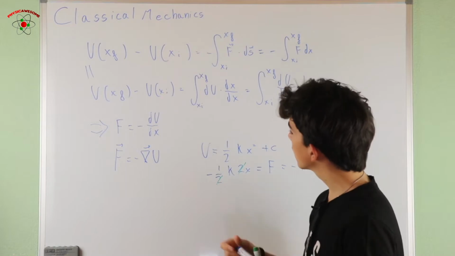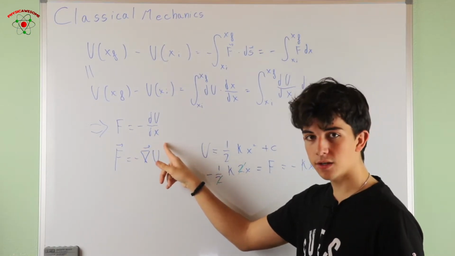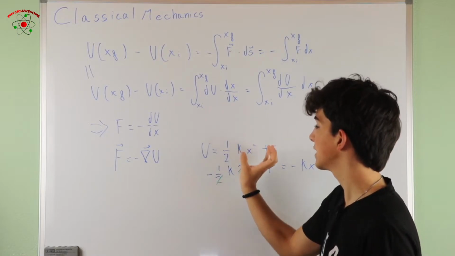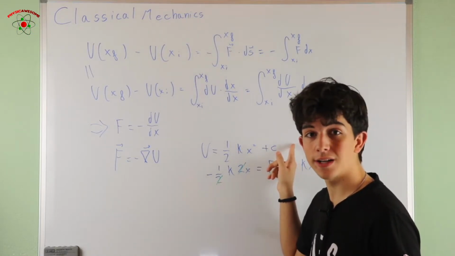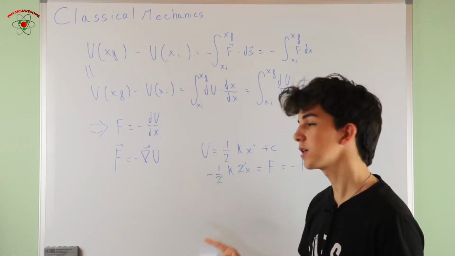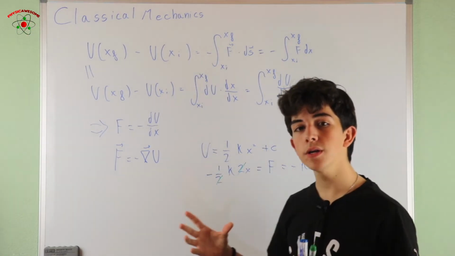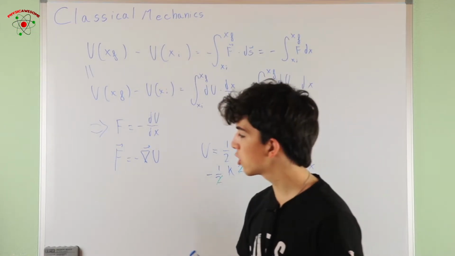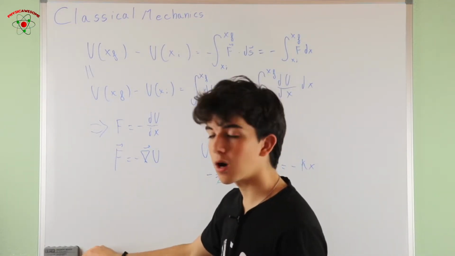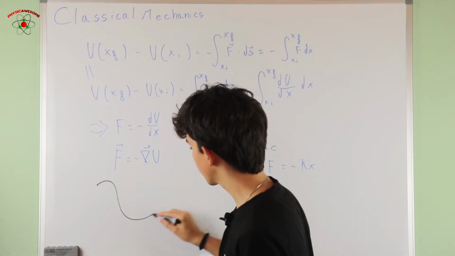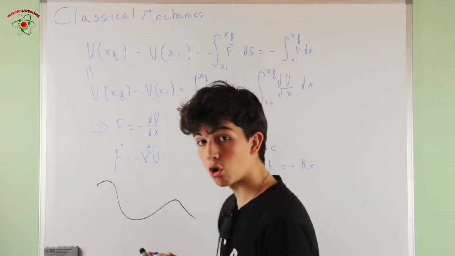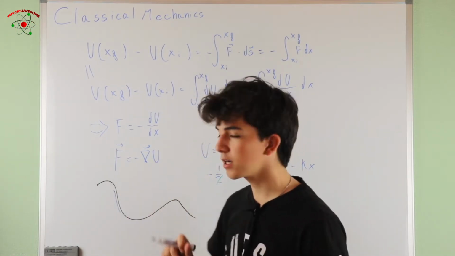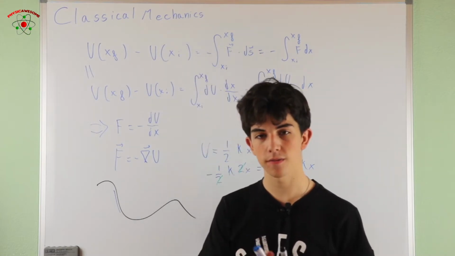That way, if we differentiate this expression over x, that constant is going to vanish and it's not going to affect the force. This is a very insightful thing about potential energy: if you make a graph of potential energy, the slope of this graph is the force that an object will feel.